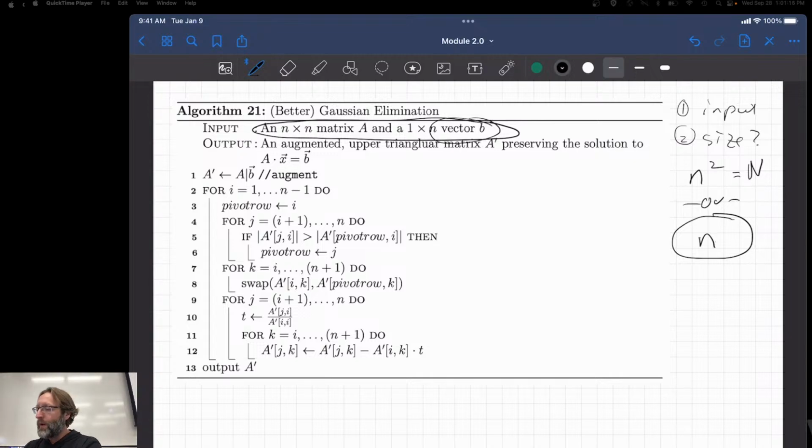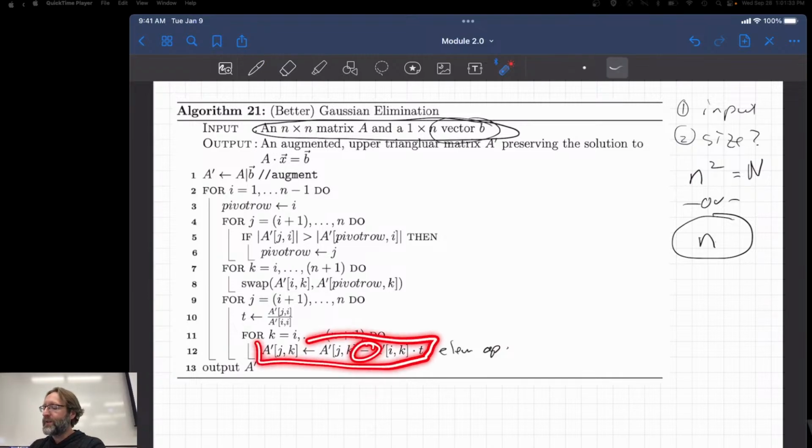Okay? What's our elementary operation? Line 12? Okay. I like how you said just line 12, right? You didn't say subtraction, you didn't say multiplication, you didn't say assignment, you didn't say a lookup in your matrix or anything like that.